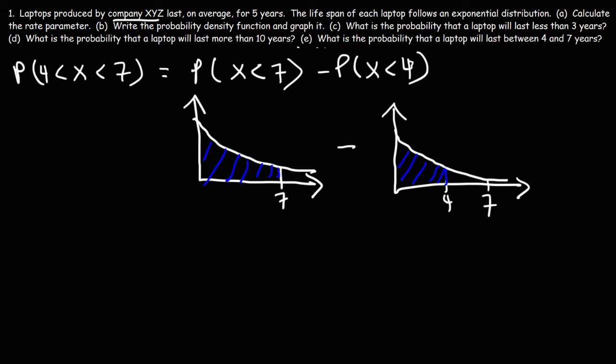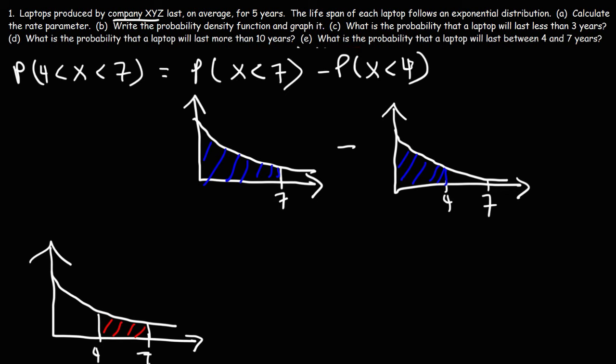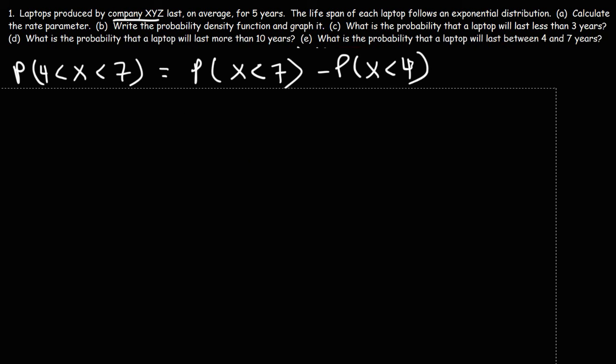If you take away 4 from 7, you're going to be left with this area here. And that is what we're looking for. So we're going to get this answer. Hopefully you can see that visually. So now let's go ahead and finish this problem.